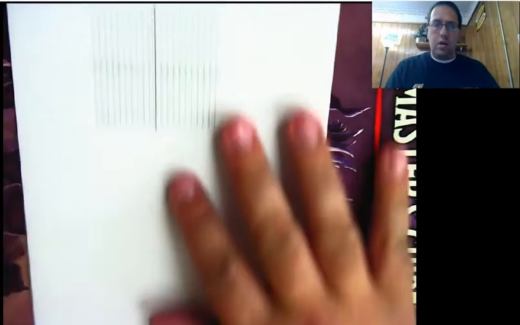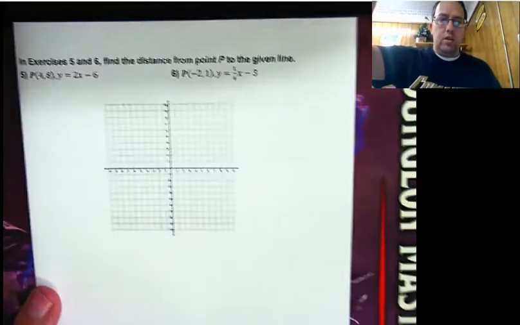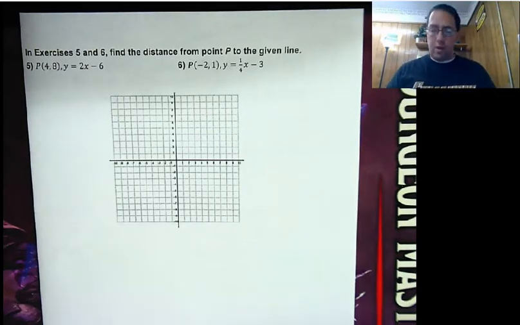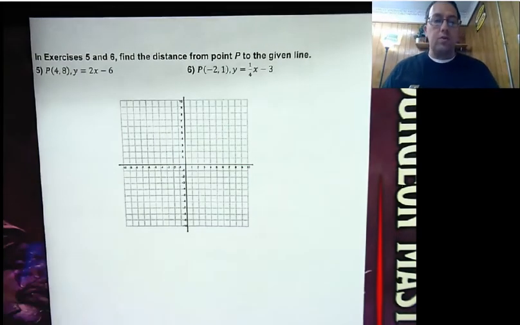Okay, here is where it gets difficult. What we want to do is find the distance from point P to the given line. And we are going to take this in steps. First, you remember the distance from a point to a line is always a perpendicular segment. So we need to find a segment perpendicular to the line.